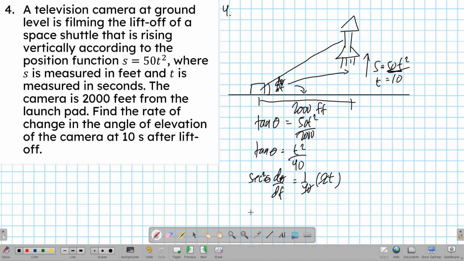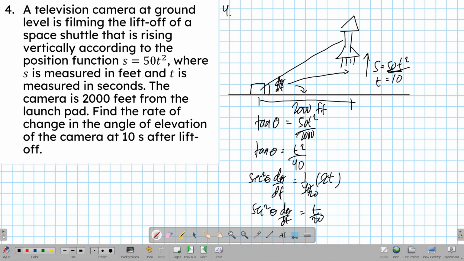Therefore secant squared theta d theta over dt is equal to t over 20.